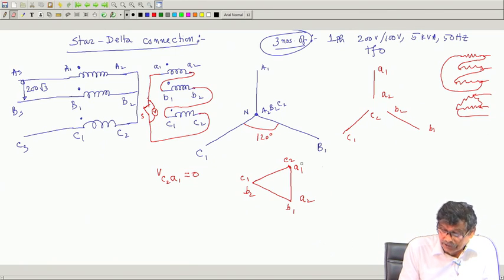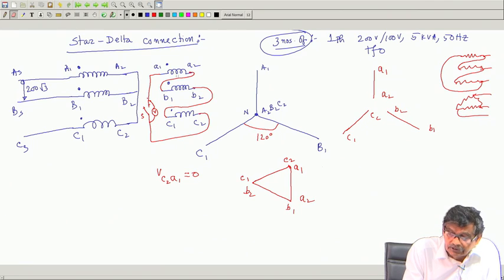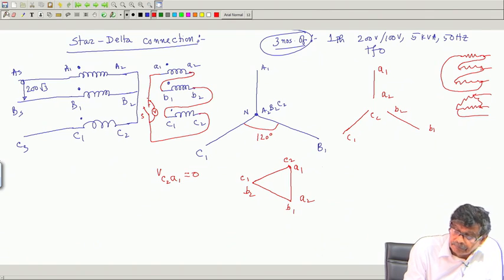But what will be the voltmeter reading? With this open, the voltmeter reading will be 0. Then I ask myself, each one of them is a source of EMF, they are 120 degrees apart, and the resultant voltage existing between A 1 and C 2 has become 0.